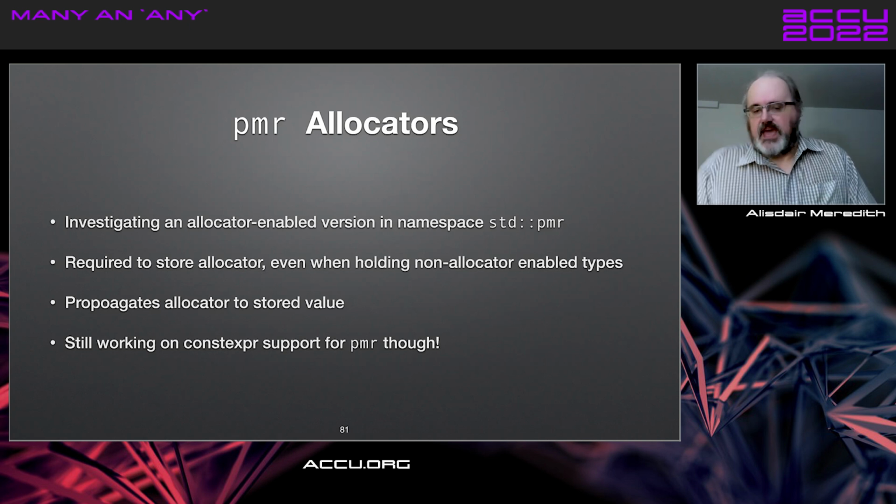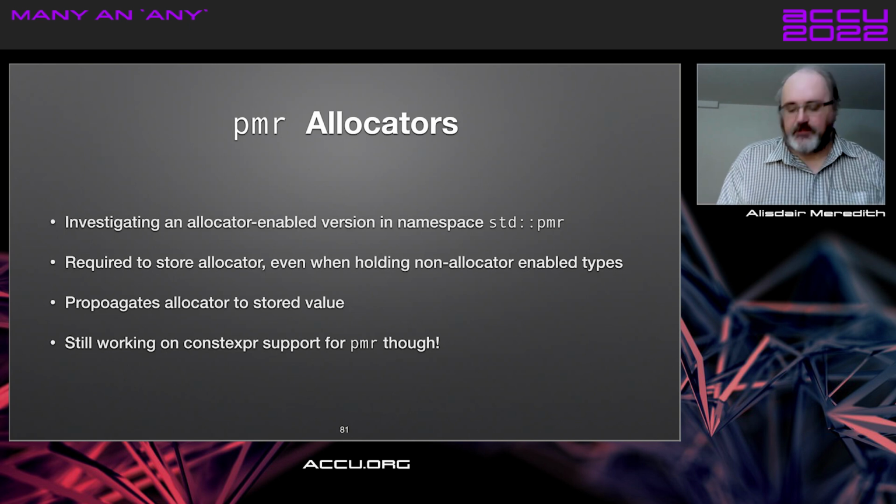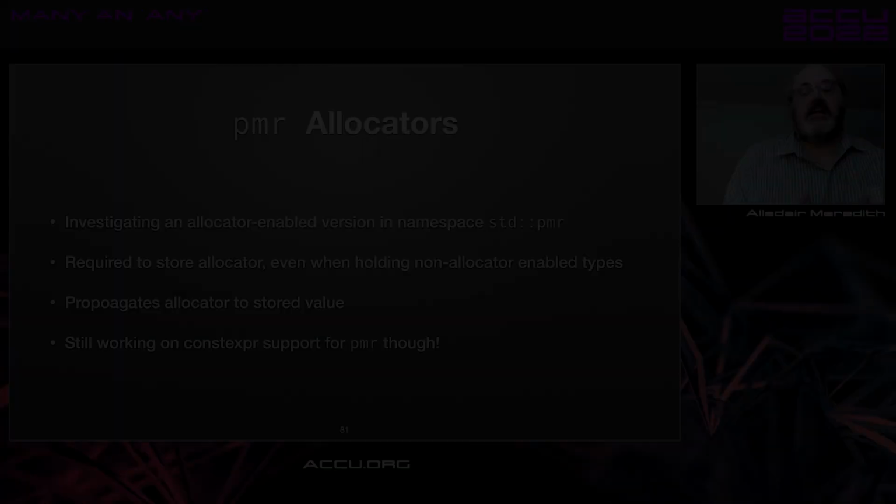But it does mean now that my any object has to store an allocator even when the value it's holding does not use allocators, or indeed it's empty. So as I said, it's not an ABI compatible extension. We put it into its own space.